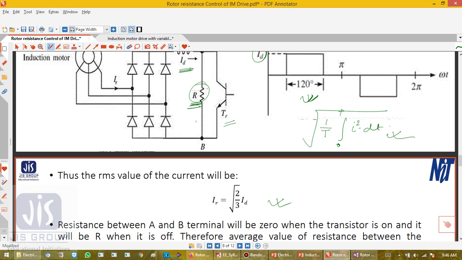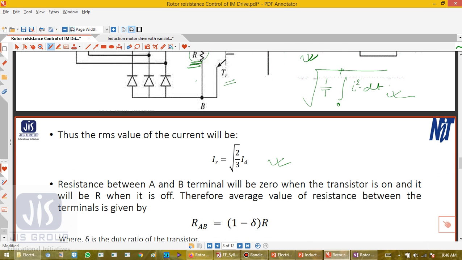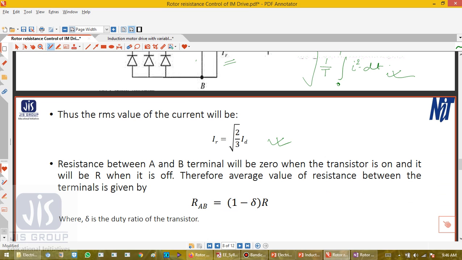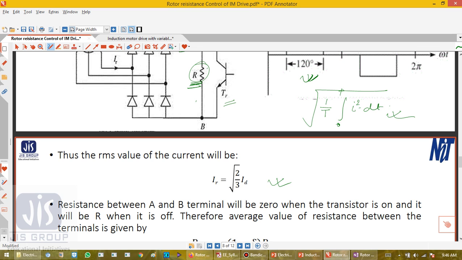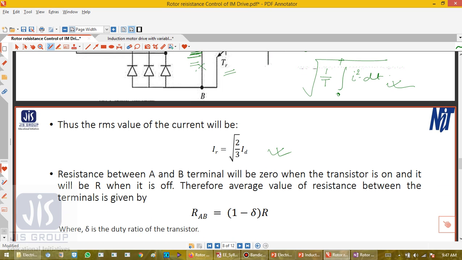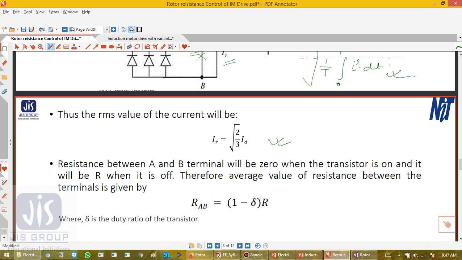So the resistance between A and B terminal will be 0 when the transistor is on. Transistor is on means this is shorted, so the resistance is 0, and it will be R when it is off.